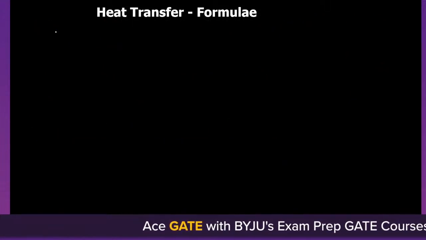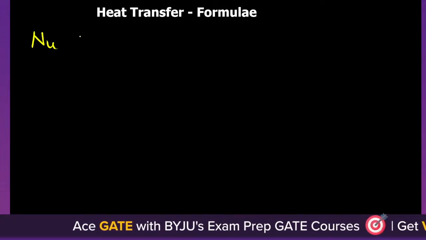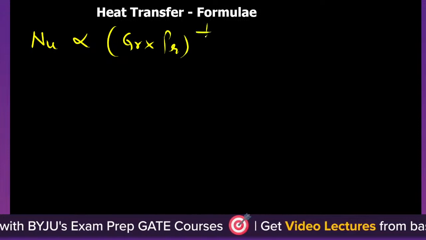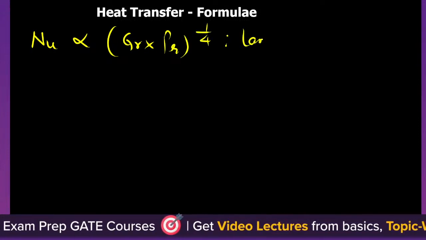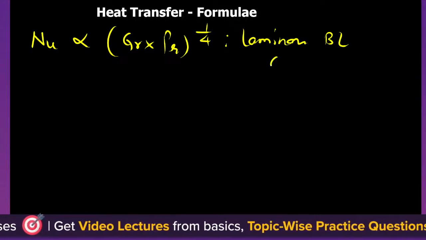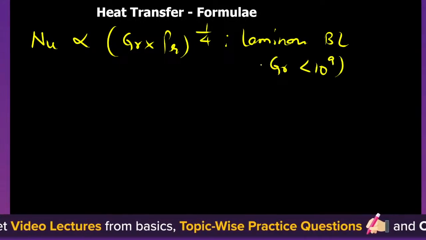And we can say Nusselt number is directly proportional to Grashof number into Prandtl number to the power 1 by 4 for laminar boundary layer, when the Grashof number is less than 10 to the power 9.